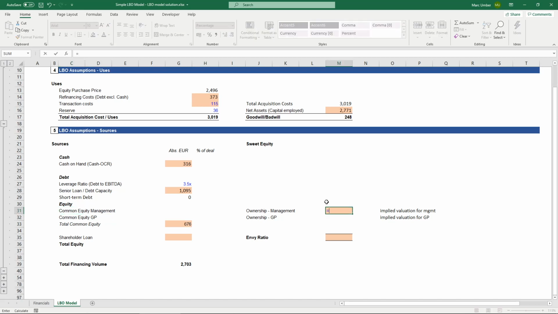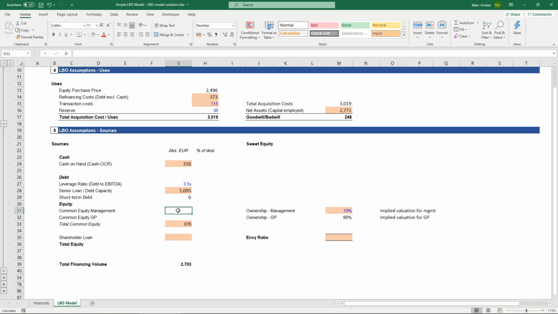Now, we do have a target holding for the management of 10%, which also tells us that the general partners will hold 90% of all the ownership. That means that the common equity that comes from the management has to be equal to 68, and the common equity coming from the general partner has to be 608.